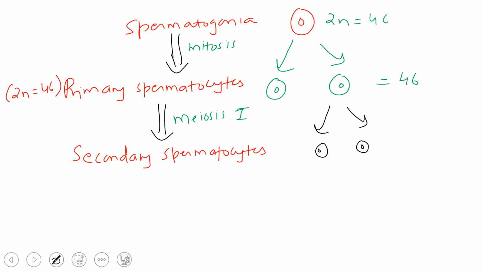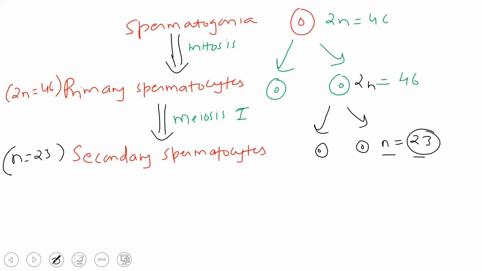This was 2n, this is n, so it has reduction division. It has n equal to 23 chromosomes because it is the first meiosis. Then the secondary will undergo further division.